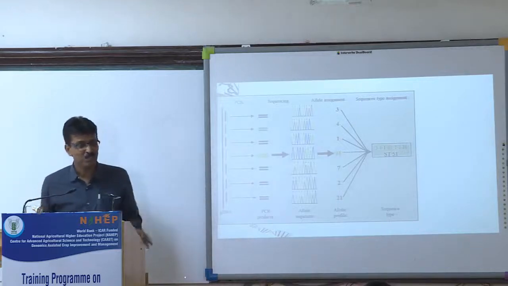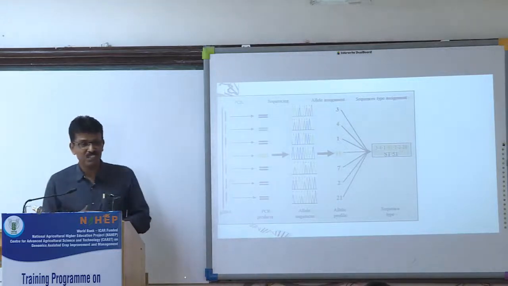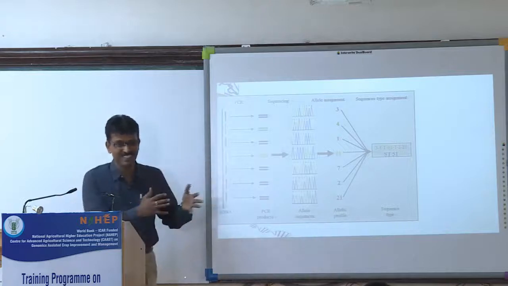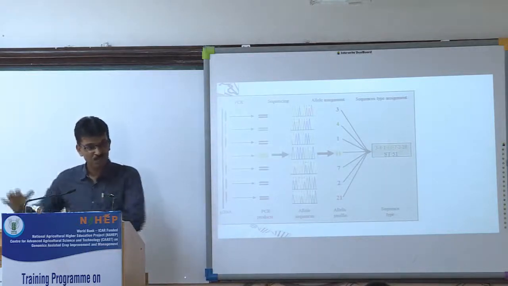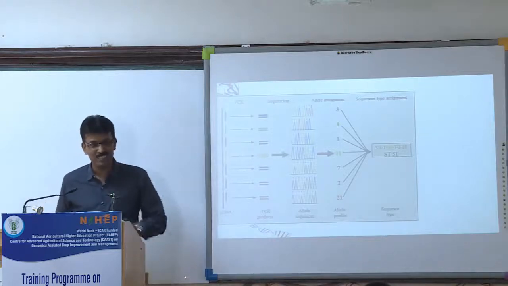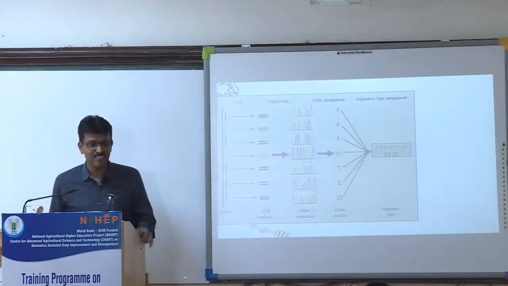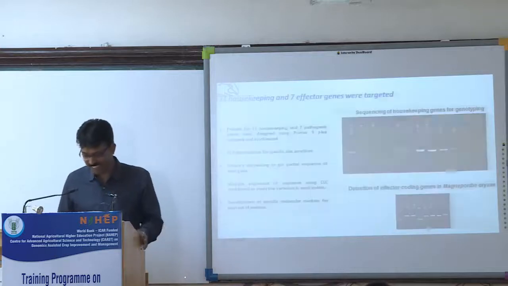So, this is a power. On one side you could have sequenced the 24 strains entirely, but we did not opt for that considering the time and money. So, you do only a handful of genes, and yet you get the same information we wanted. That is exactly what we did, right.